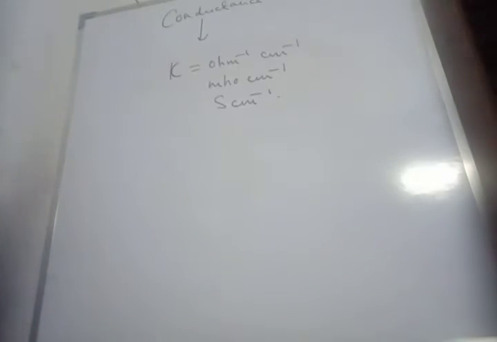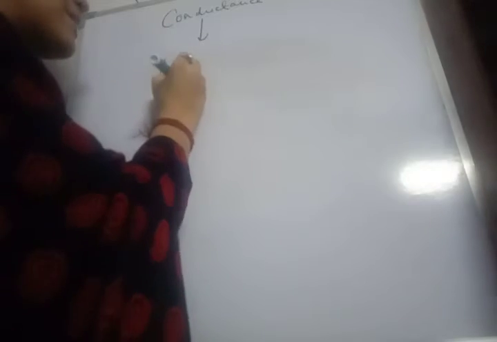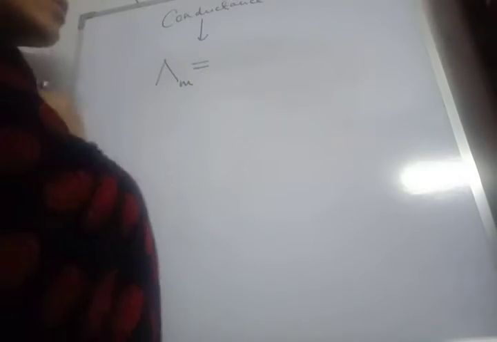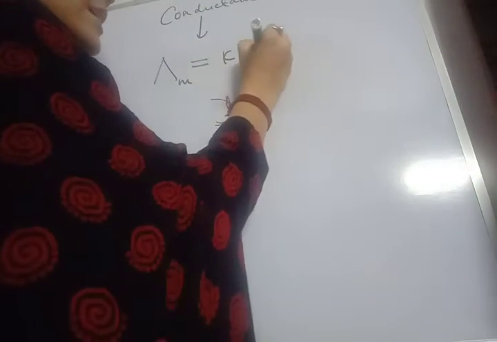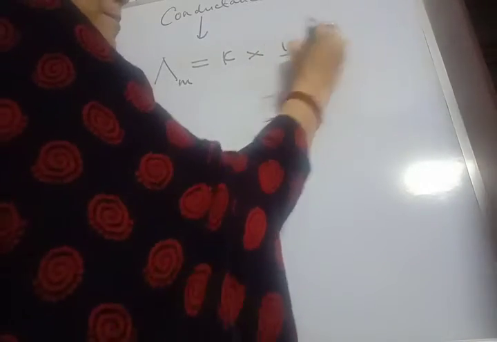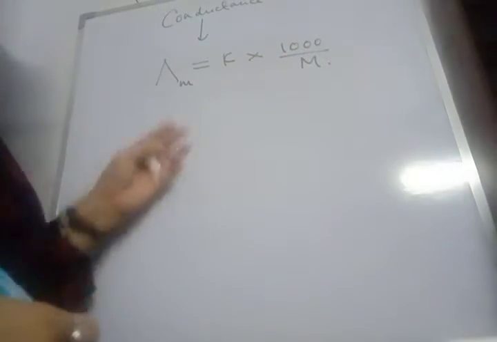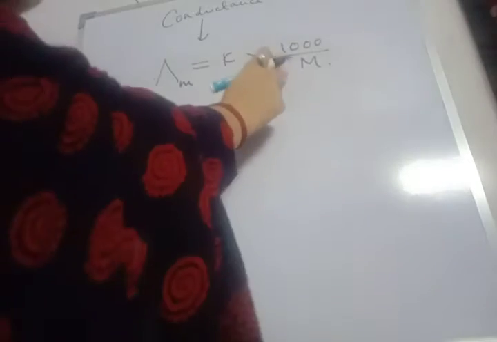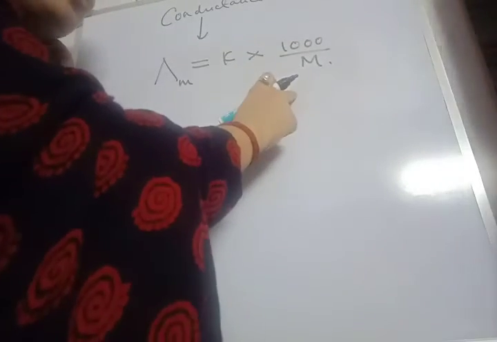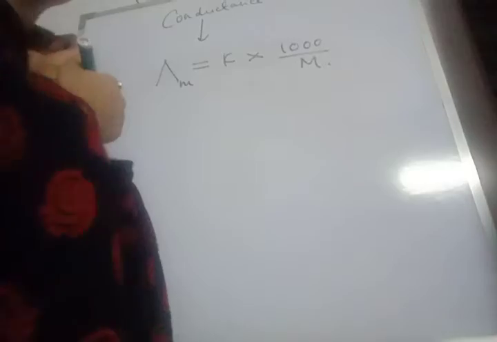Right? Next, molar conductivity. Molar conductivity represents the conducting power of all the ions produced when 1 gram mole of an electrolyte is dissolved in the solution. Molar conductivity is represented as capital lambda m, which equals kappa into 1000 by M, where kappa is the specific conductance and 1000 by M represents the volume of the solution in cc containing 1 mole of the electrolyte.